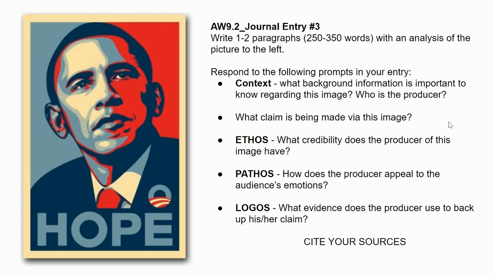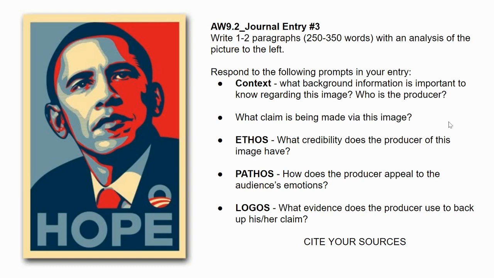2, think about the claim that is being made via this image. So what is the artist trying to tell us from this image? What is the purpose of the artist producing this image? Then look at the credibility that the producer of this image has. So that's the ethos. And then the pathos, you're going to look at what are the tactics or what are the elements that the artist uses to appeal to the audience's emotion.